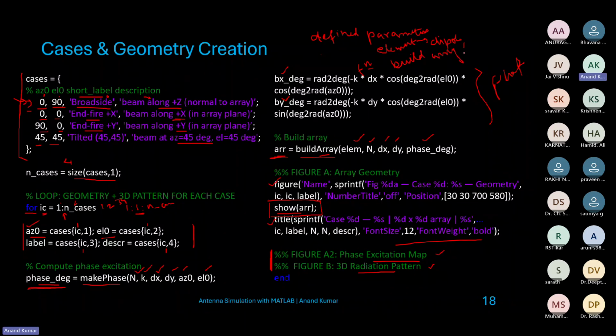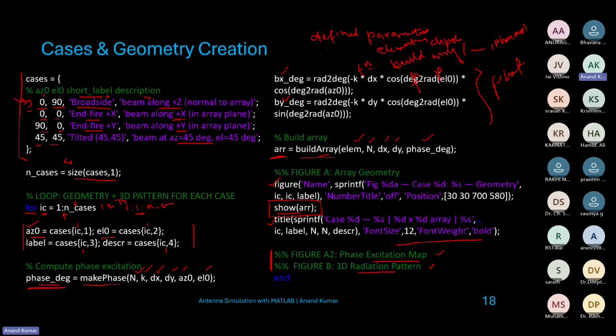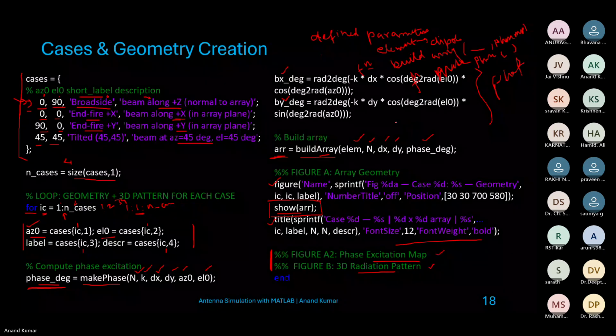Now build array took in different arguments and the phase map. So we also built a function called phase map, called make phase actually. Make phase took in more arguments. And now we're solving it for different cases.